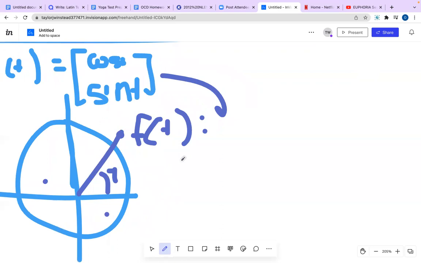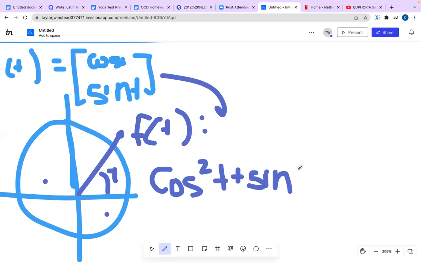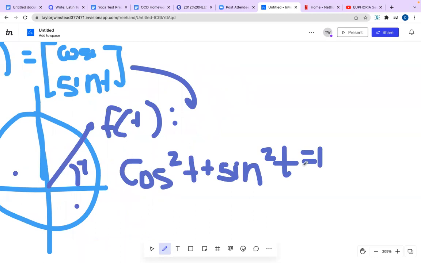And we can then say that cosine t, sine t is actually a unit vector for all t. Why is this true? Well, this goes back to things you would have learned in pre-calculus, having to do with trigonometry. It's just a fact that cosine squared t plus sine squared t equals 1.